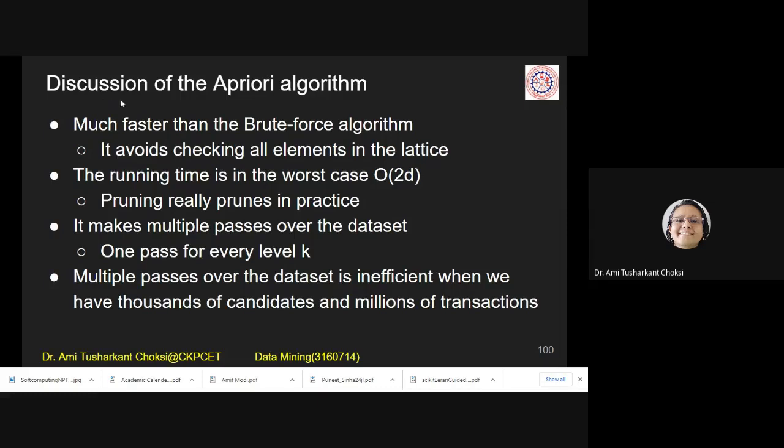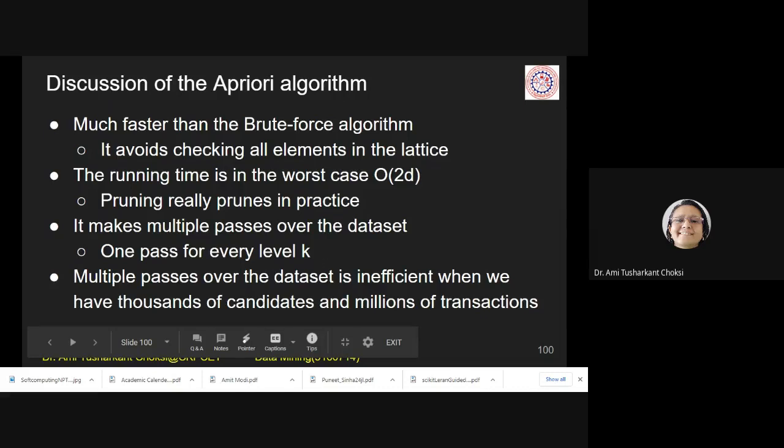Pruning really prunes in practice. It makes multiple passes over the data set, one pass for every level k.